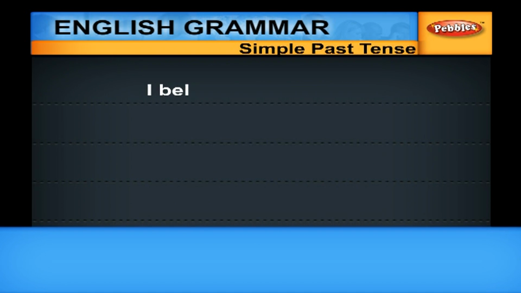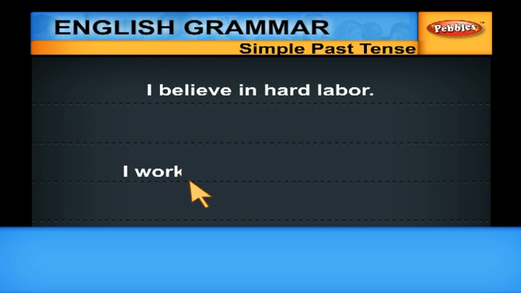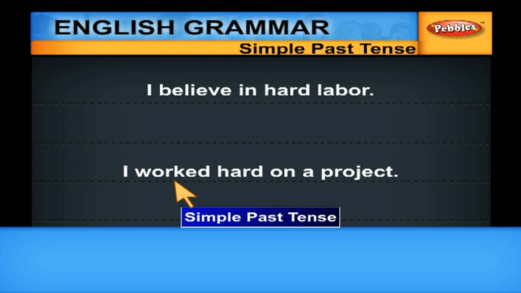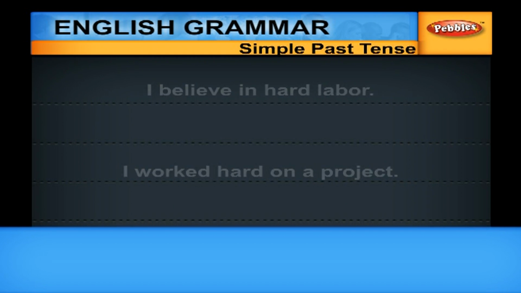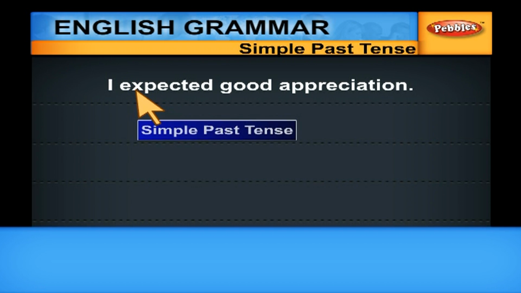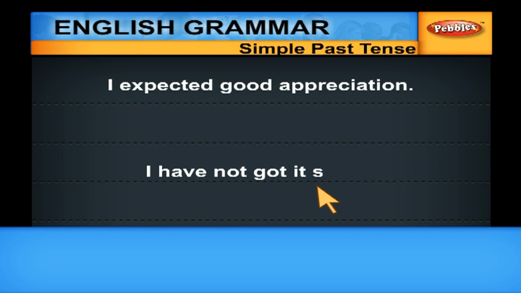I believe in hard labor. Simple present tense again. I worked hard on a project. Simple past tense. I expected good appreciation. Simple past tense again. I have not got it so far.